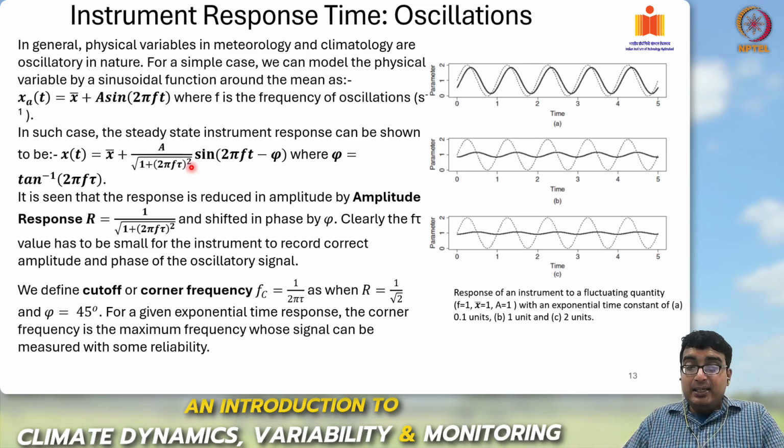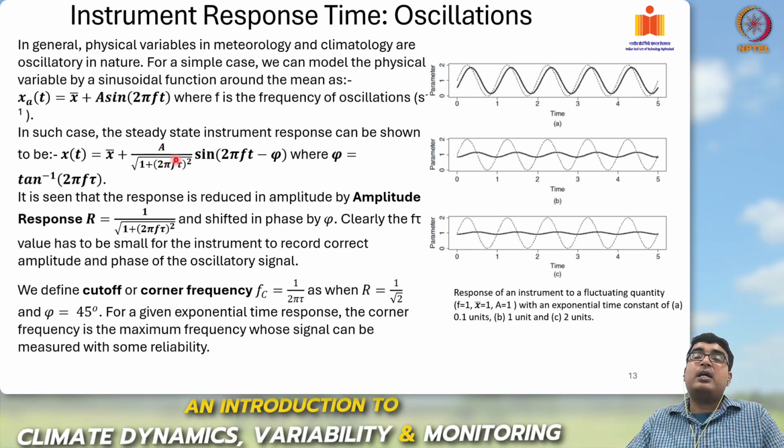So it is seen that the response is reduced in amplitude by amplitude response r, which is 1 by root over 1 plus (2 pi f tau) square, and shifted in phase by psi. Clearly, the f tau value has to be small for the instrument to record correct amplitude.